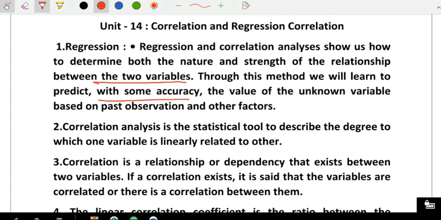That means based on the past values of two variables, let's say x and y, we'll draw the graph, and out of the graph we'll estimate one line, and out of the line we'll find the equation of the line. You must have done it in the 10th class. Equation of line ax plus by plus c equal to 0, or y equal to mx plus c, and we'll find out the line. Then we can predict, if the value of x is that, then how the value of y will change accordingly.